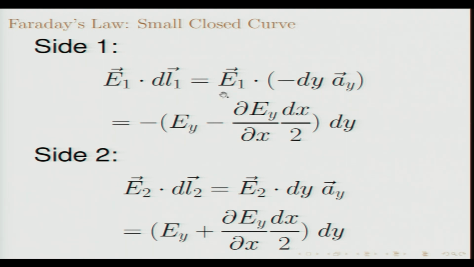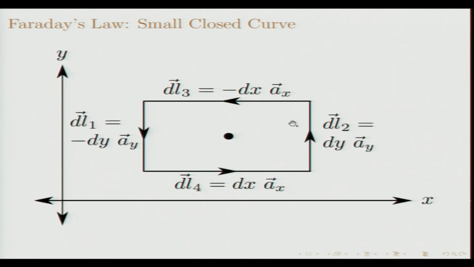E1 bar in fact has components in the x, y and z direction, but if we take a dot product between E1 and minus dy ay, only the y component of E1 will come in the expression. The y component of E1 is nothing but Ey minus the partial derivative of Ey with respect to x into dx by 2.